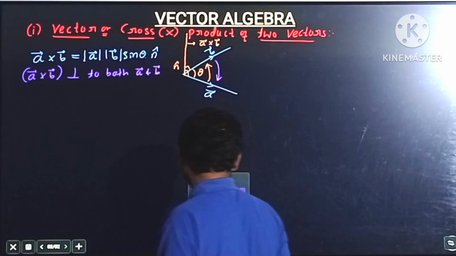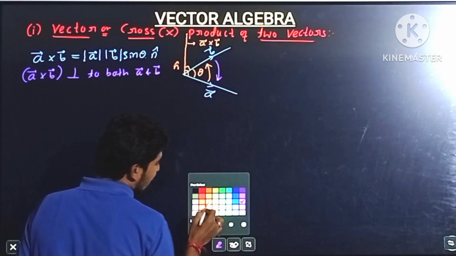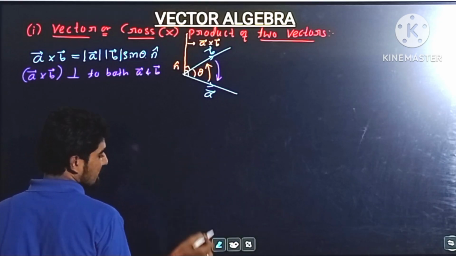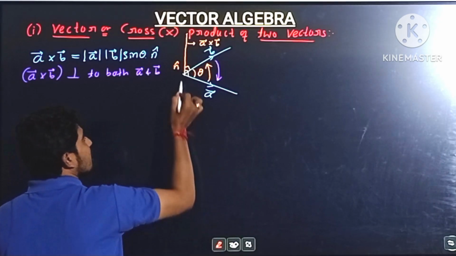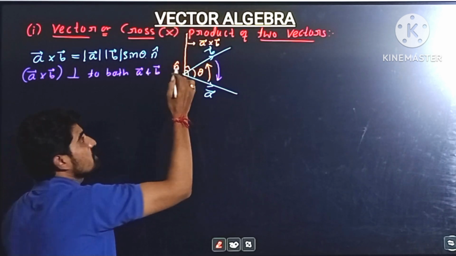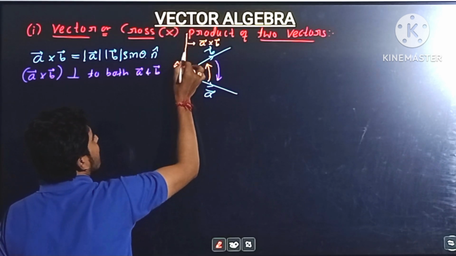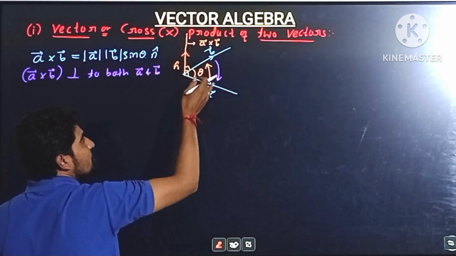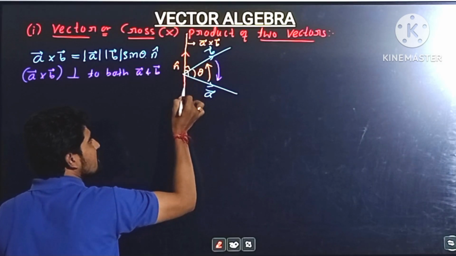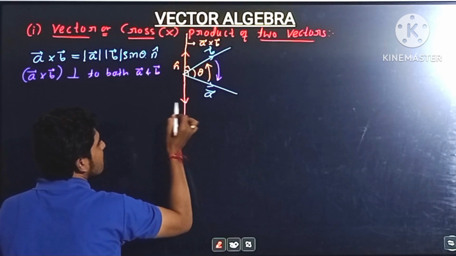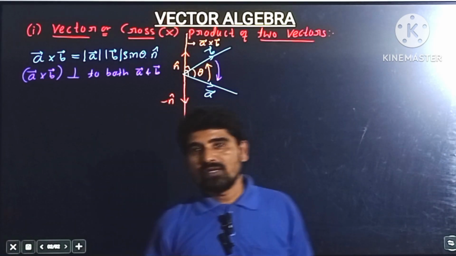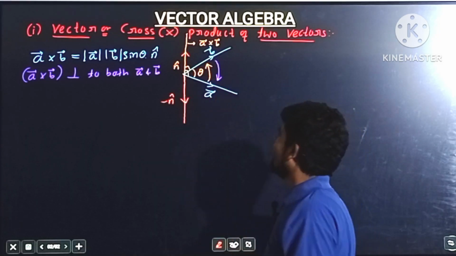Again here also we have a unit vector perpendicular to both, and the direction of n cap is upwards. If you find b vector cross a vector, the direction is downwards, so this is minus n cap. So minus n cap is a unit vector along b vector cross a vector.